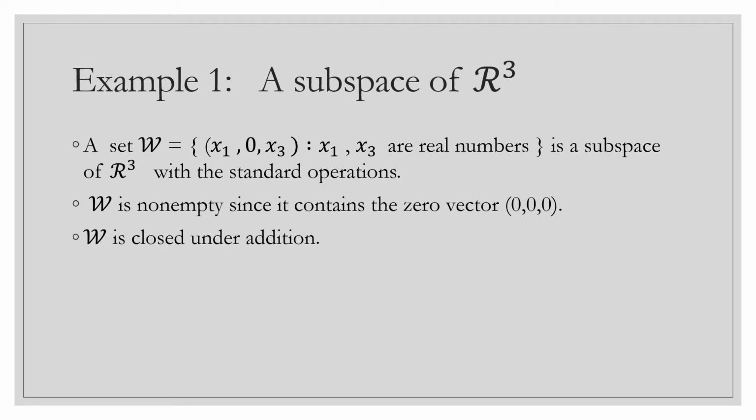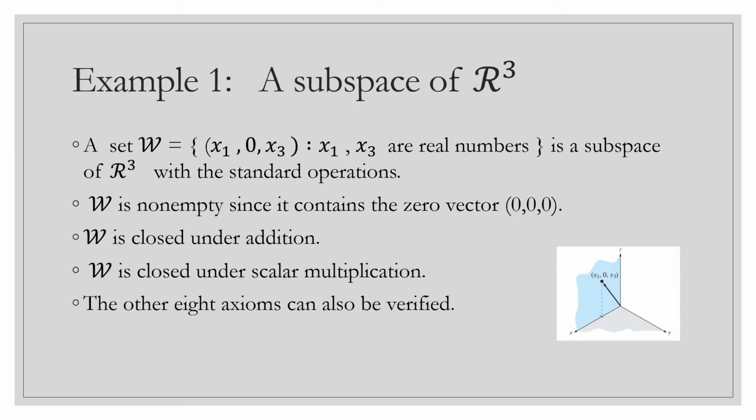Graphically, if the set W is interpreted as simply the xz plane as shown in this figure, W is closed under addition because the sum of any two vectors in the xz plane will also be a point lying on the xz plane.